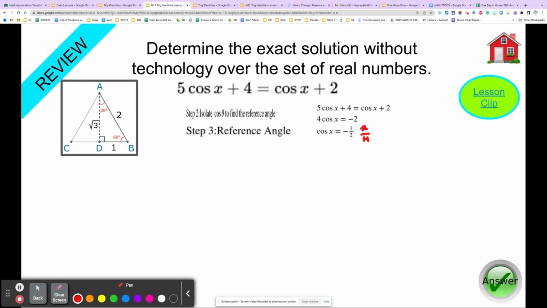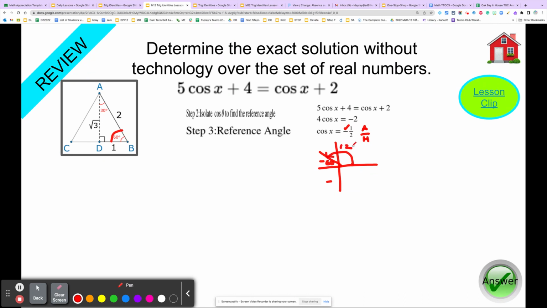And if that's the truth, then that means that the 1 is the adjacent side, which means 60 is the reference angle. So 60 is the reference angle, but be careful, because it's negative, we know which quadrants it's in. So cosine is negative in this quadrant, which means that the reference angle here would be 60, leaving 120 on this side.